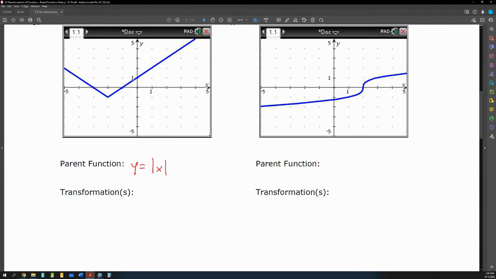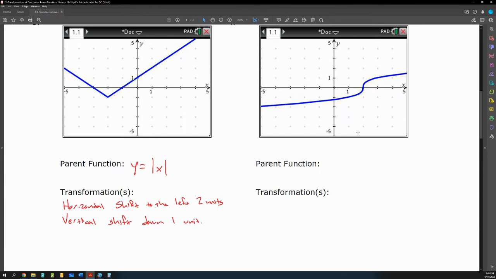We are shifting to the left 2 units, and shifting down 1 unit. So the transformations: first a horizontal shift to the left 2 units, and then a vertical shift down 1 unit.